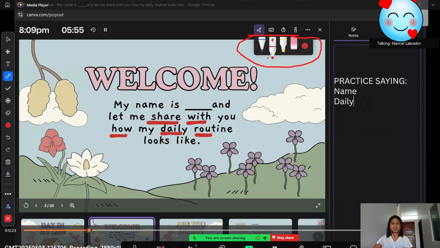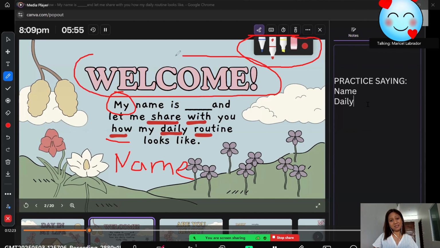So you can underline something or write something. Maybe you can write your name here, and you can circle something or something like that. And you can also let the student do it too.